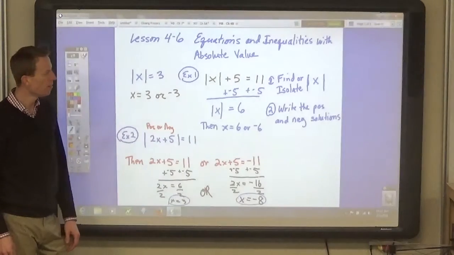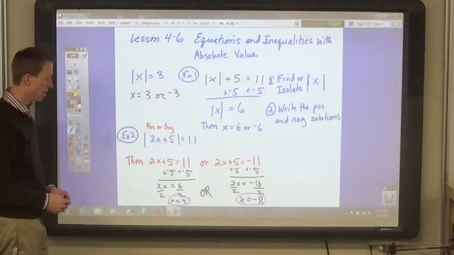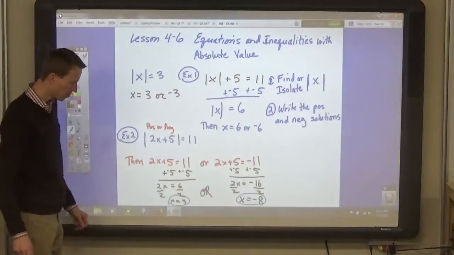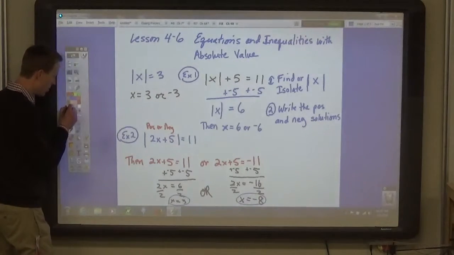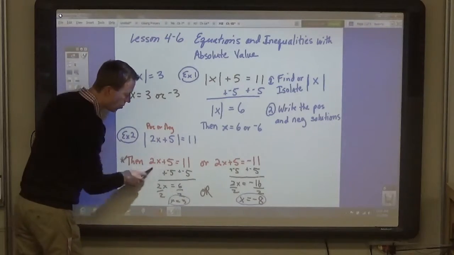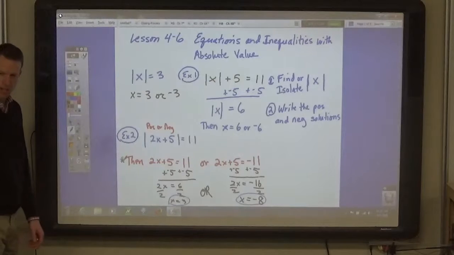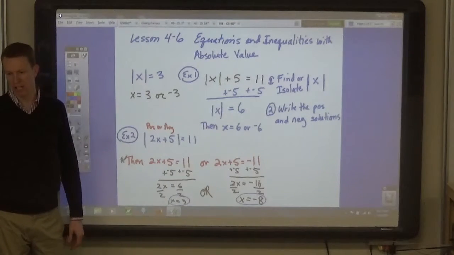Okay? Does that make sense? No, if it's negative, you don't make it positive. The key is to come up with these equations. That's the objective of this, to come up with these 2 equations. Okay? Because once you have these 2 equations, you know how to solve these.